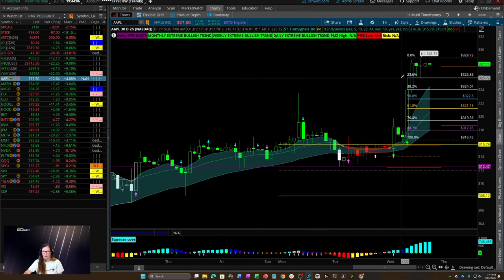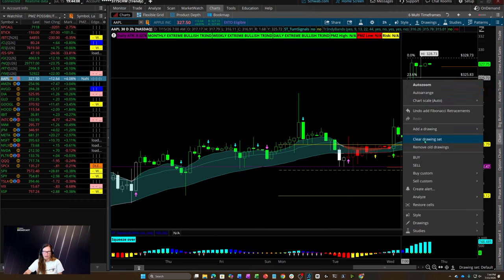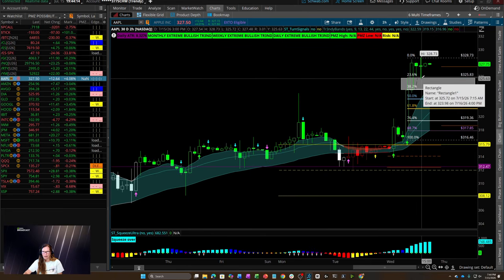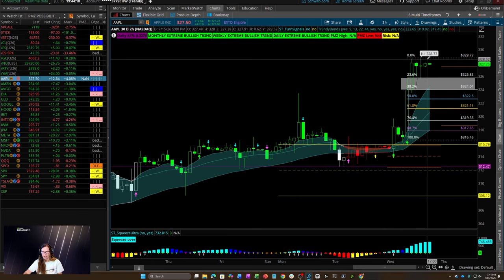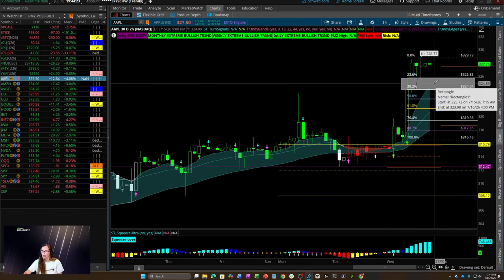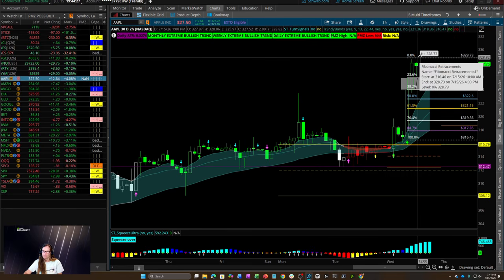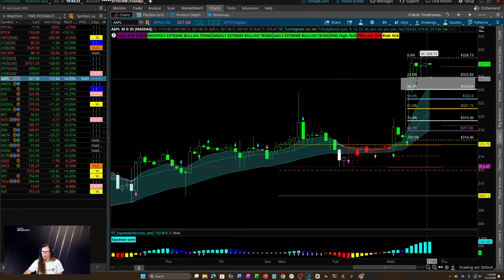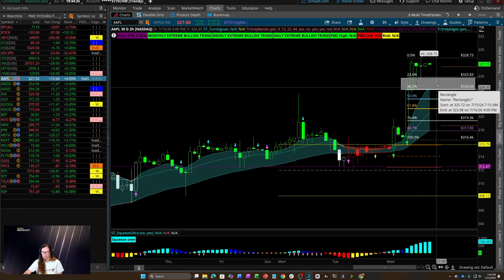Yes. This already worked once. This zone, you see the pullback right here, right? And look at the bounce you got from it. It's already worked once. This is the first zone I would be paying attention to. Trending. And I'm just measuring this rally right here for a day trade tomorrow. Okay?